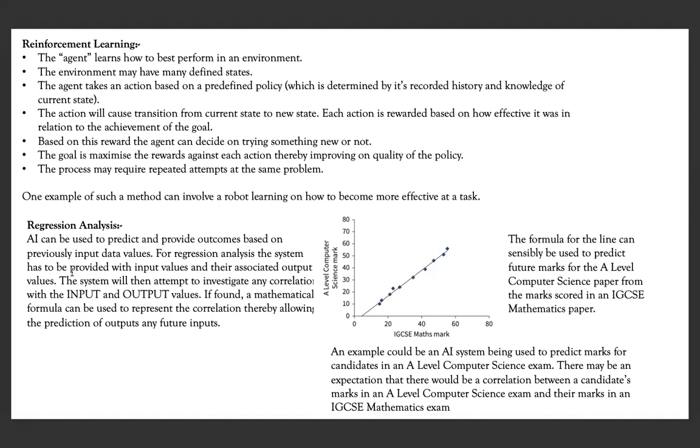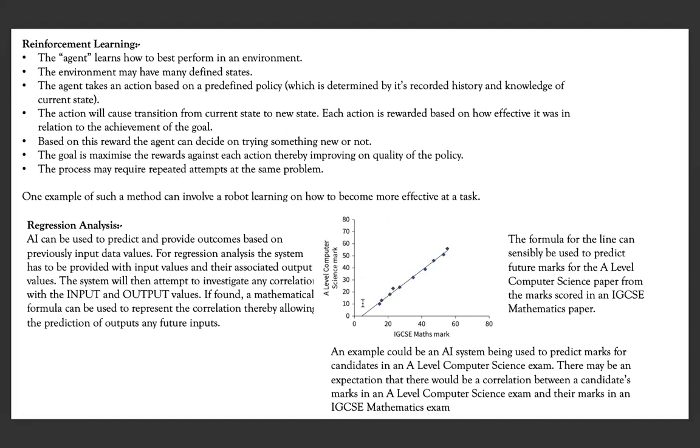And this value that is generated for computer science A levels, even though the student has not appeared yet, is generated through the regression analysis conducted on the previous values. The trend was identified, and that trend is basically used to predict what values a student may achieve for A levels computer science.